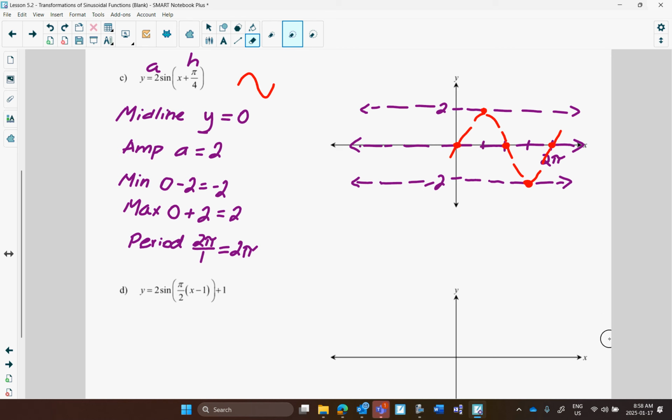So just keep in mind, this is without the shift.